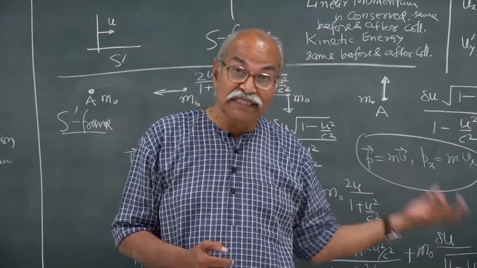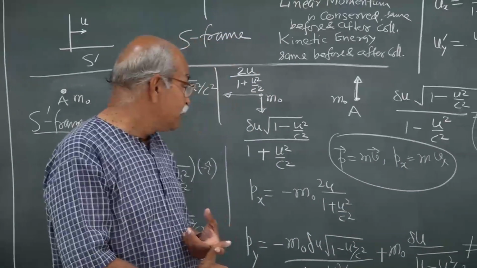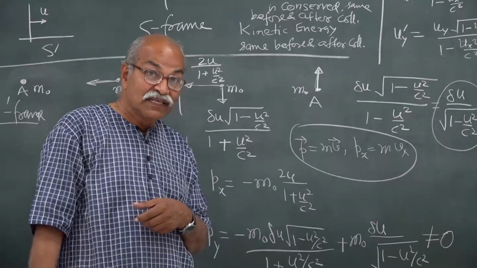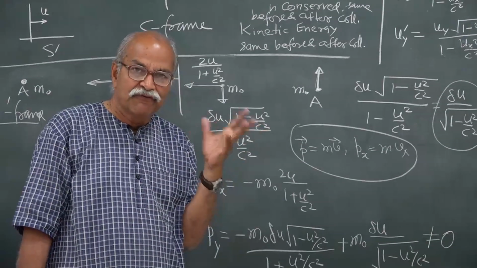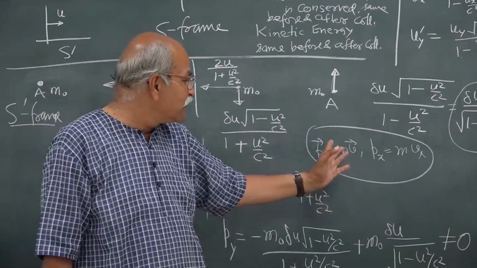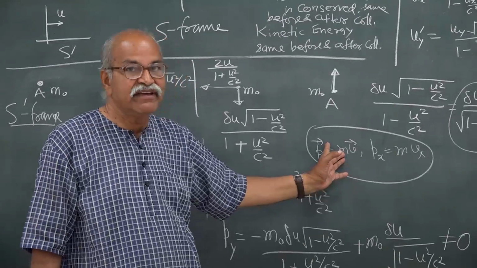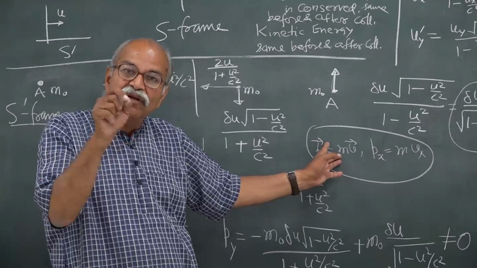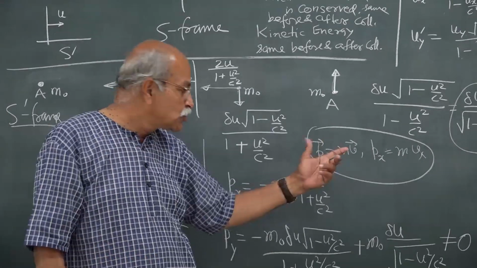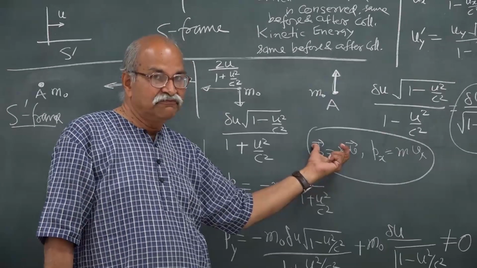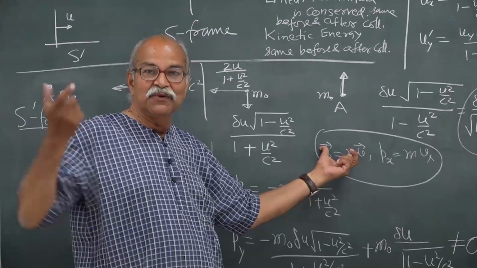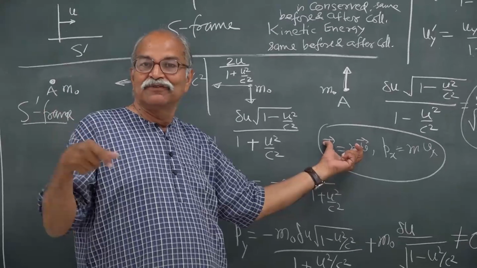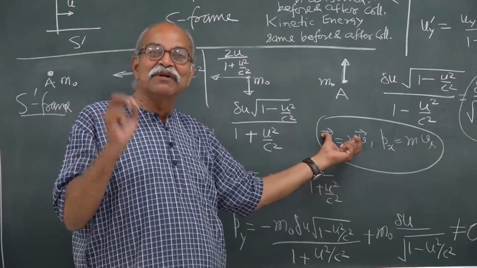That is the thing which forces us to redefine linear momentum. Let us redefine linear momentum in such a way that when v is much smaller than c, it reduces to this equation. It is a very nice equation, p equal to mv, and p remaining conserved if the external force is 0 is an extremely good principle.